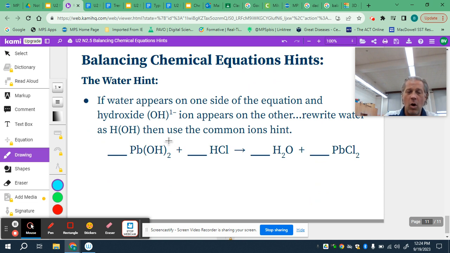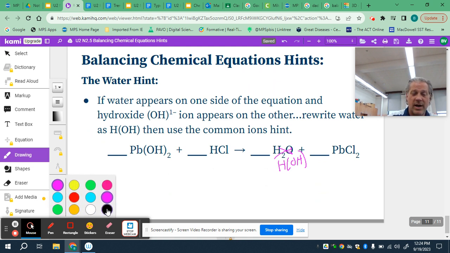If you see OH in parentheses on one side and water on the other side, I'm telling you to cross out water and rewrite it as HOH. You can absolutely balance it as water, H2O, but it becomes a little bit easier when we treat it as HOH. And I'm going to show you why.